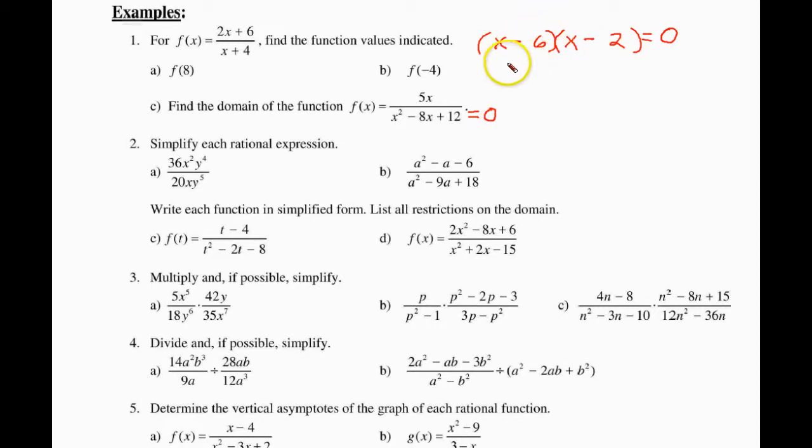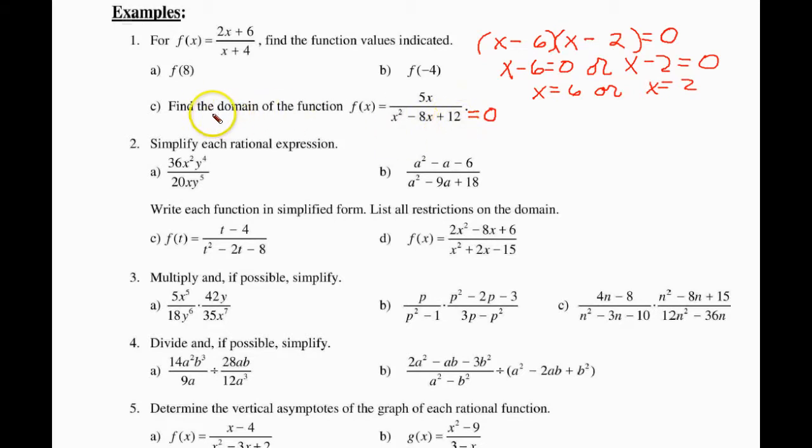So we're going to equate each of these to 0 using the principle of the zero product that we mentioned before. And this just transposes. We get x equals 6 or x equals 2. Now, these are values that will make your denominator a 0.